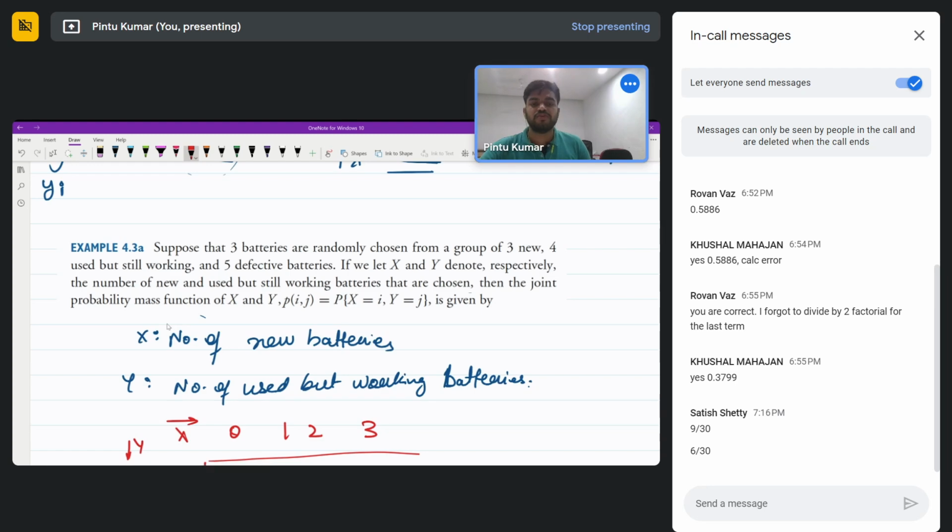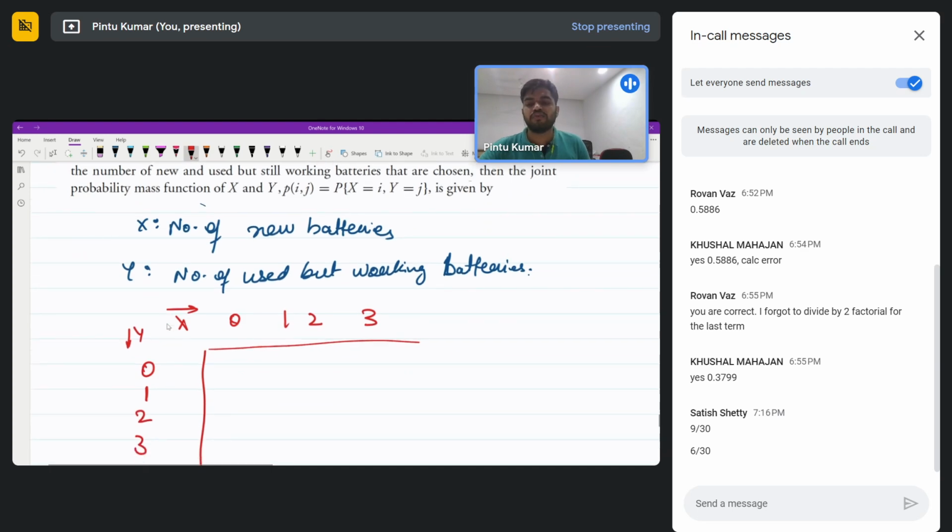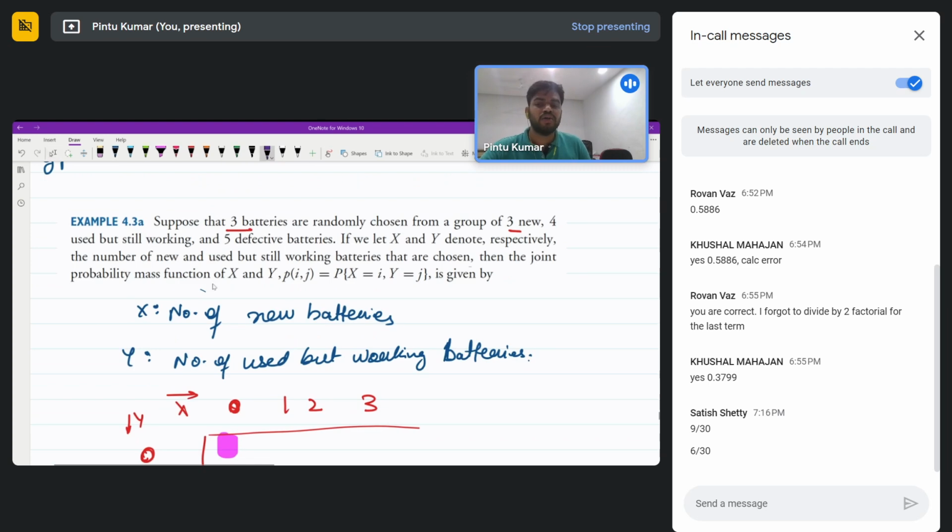Now we have to calculate the probability that X is 0 and Y is also 0. This is the place we want to fill in. If X is 0 and Y is 0, what does that mean? That all 3 batteries have been chosen from the 5 defective batteries. So there are 5C3 ways of doing it, divided by the total number of ways, which is 3 plus 4 plus 5, 12C3.